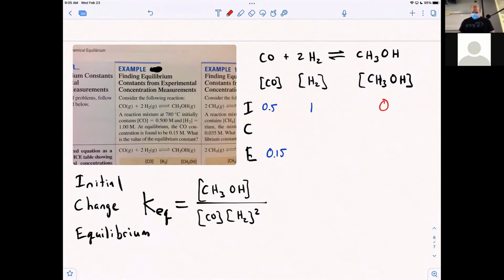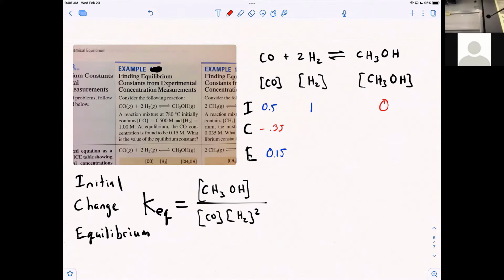The other thing is, if we have initially half molar and at equilibrium we have 0.15 molar, we can say that what's happening is we're losing 0.35.